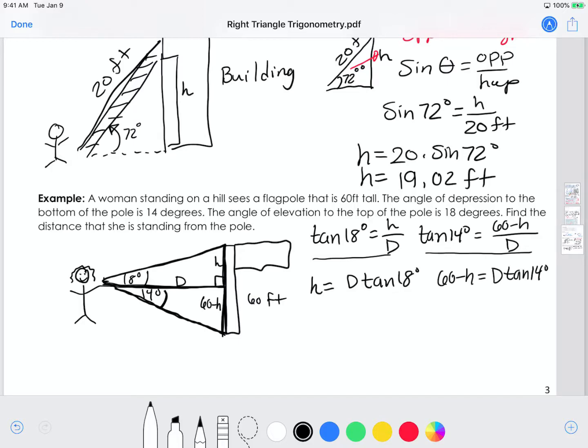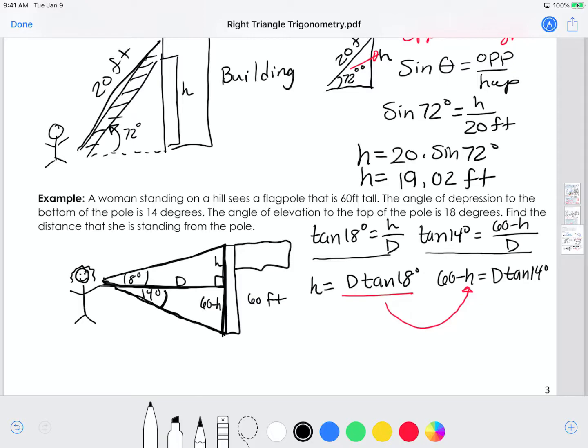So all I'm doing is cross multiplying to solve for h. And then I am going to substitute this h, which is equal to d tangent 18, using the substitution method, and plug it into the h in the second equation. So that way I can have all d's in one equation and I'll be able to solve for d.